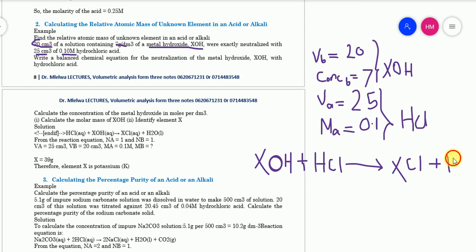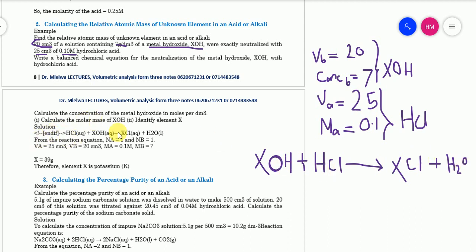Now according to this equation, if you balance the equation, then at the end of the day you end up with the number of moles of acid and base all being 1.